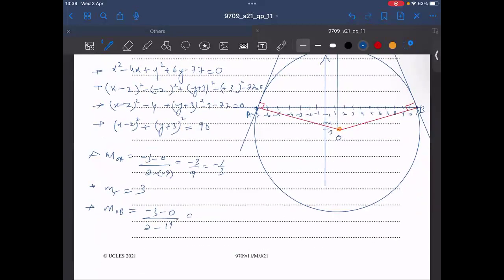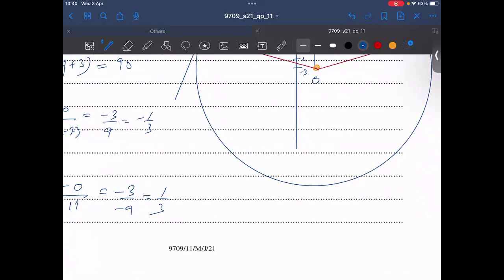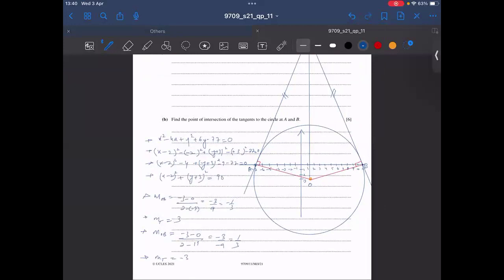So it's going to be minus 3 over minus 9. It's going to be plus 1 over 3. So the gradient of the tangent is going to be minus 3. Agreed or not, Mr. Iman? Minus 11 is minus 9. Yes, sir. Sir, if it is the normal, then for the tangent do we take the reciprocal of the gradient? Yeah, this is perpendicular, so I'm going to reciprocal this and change the sign. So it's going to be plus 3.